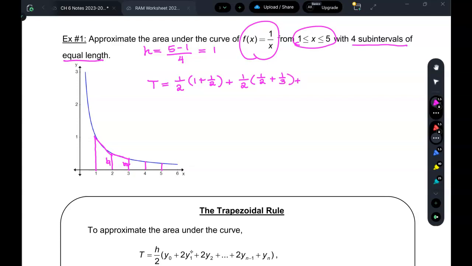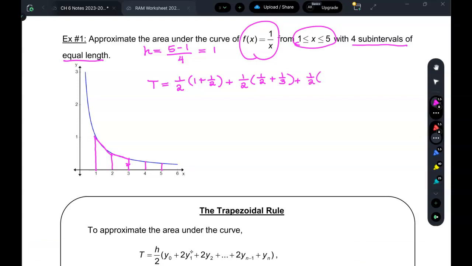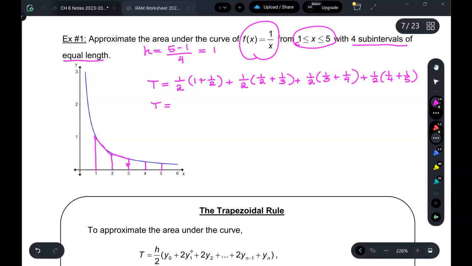Okay, 4 subintervals, I'll have 4 trapezoids, just like I had 4 rectangles. Next, now you see the pattern: 1/3 plus 1/4, and the last one will be 1/4 plus 1/5. And we will plug that all in.